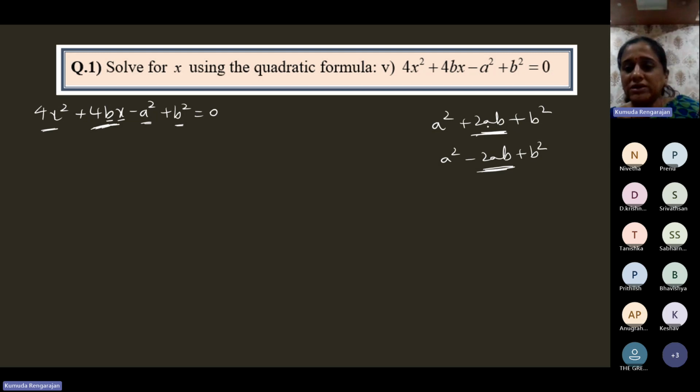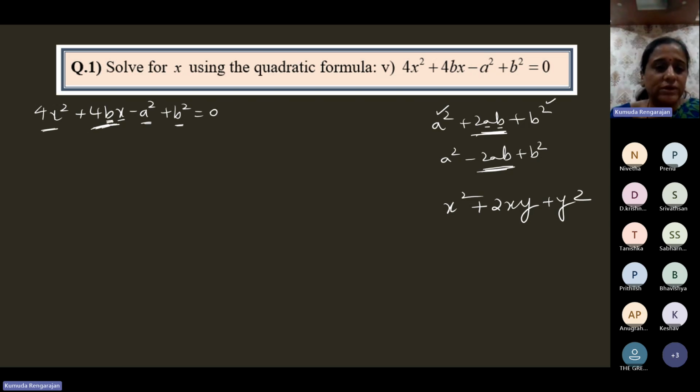If the middle term has a and b, here we have a square and b square. If the middle term is plus 2xy, then you will have an x square and y square. So if the middle term has b and x, you must take an x square term and a b square term.